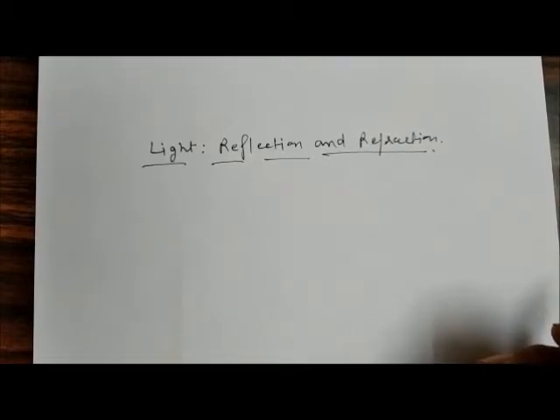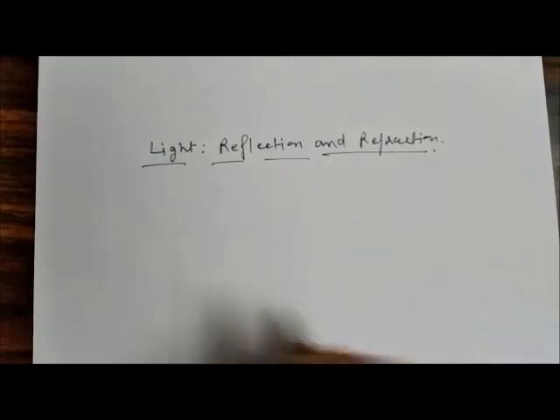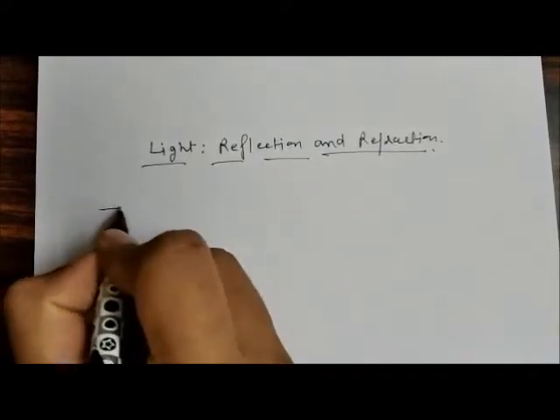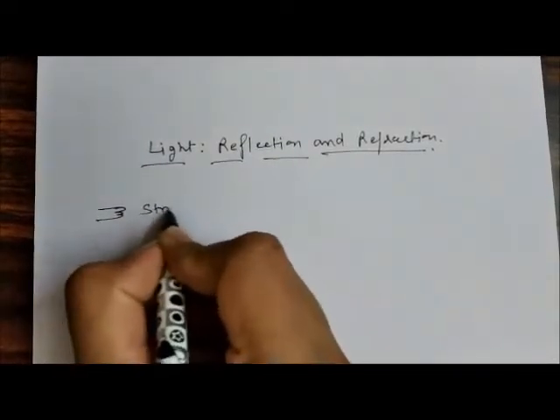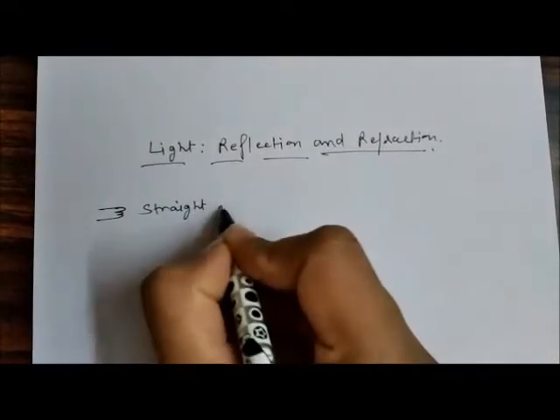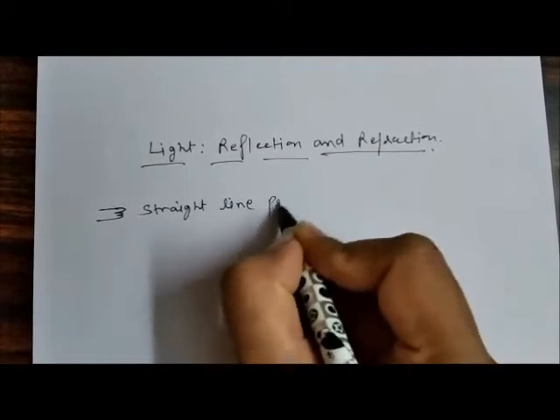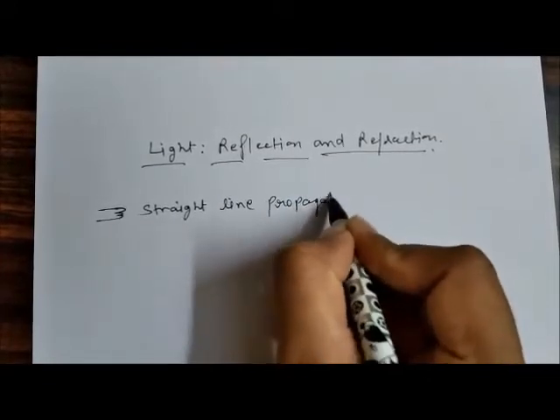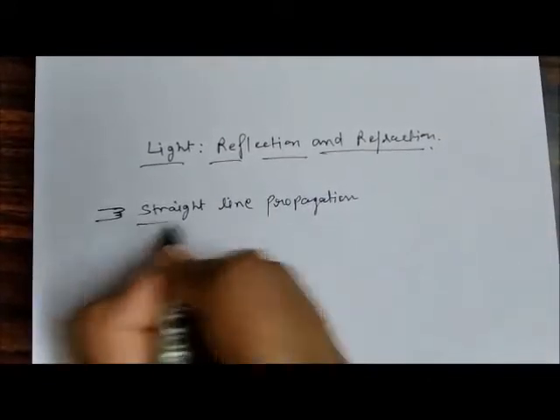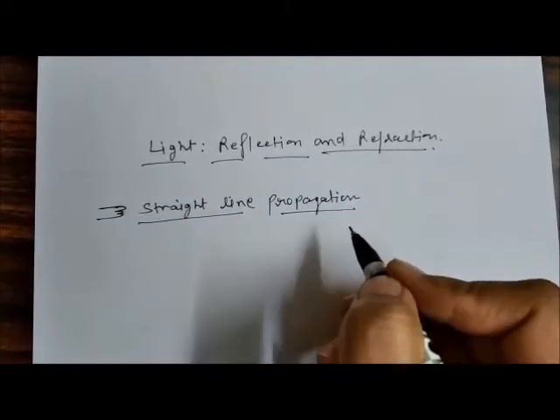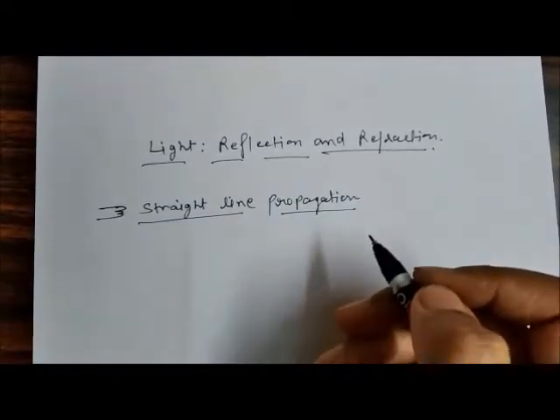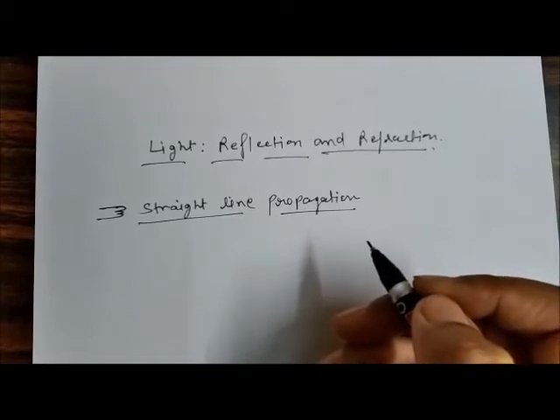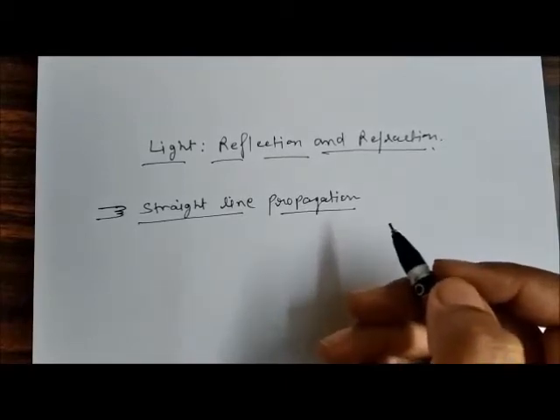For this, we have to understand some points. Let us take one by one. First is straight line propagation. As you already know from your previous classes, a light wave travels from one point to another point along a straight line.